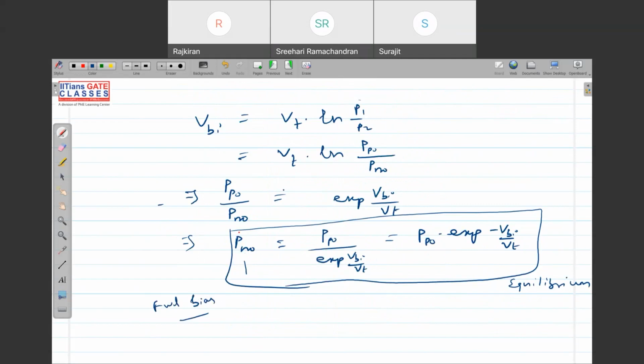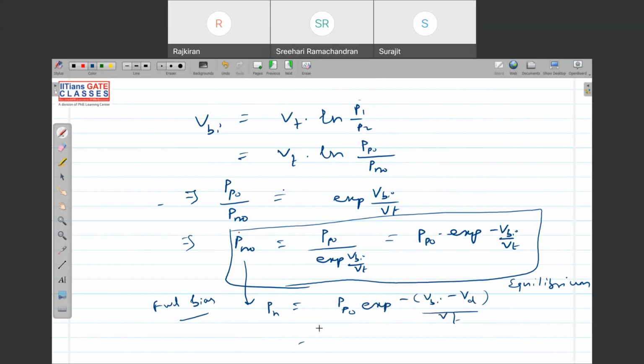Pn equal to Pp0 exponential of minus, instead of Vbi, Vbi minus Vd, by Vt.